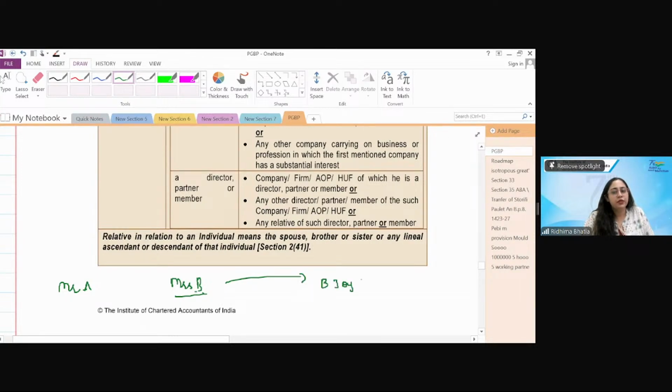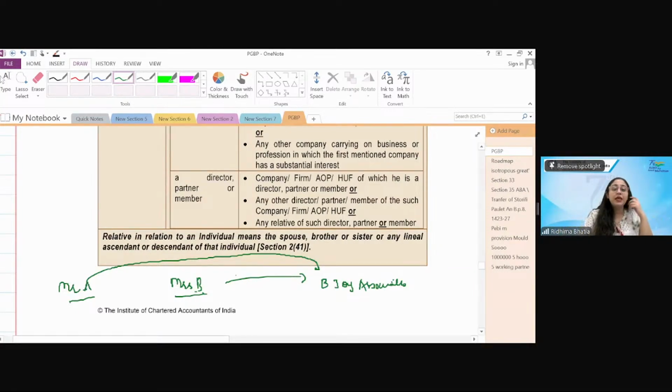Say Bijoy Associates. Okay. Now, any transaction between Mr. A and Bijoy Associates will also come into picture as an associate transaction for section 40A(2). Why? Because when I told you directors and relatives of individual, partners and relatives, they are related party.